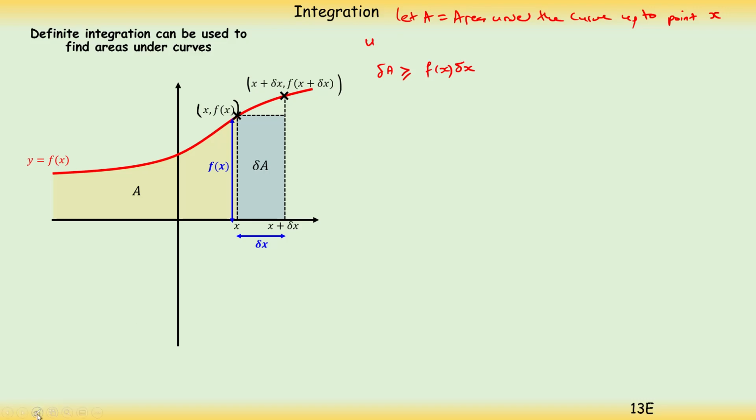Tell you what, let me just write that in blue. Now I can also overestimate delta A by going up to the point here and drawing a rectangle. So that's going to be larger than my curve there. The area is going to be larger than at that point. So this is my overestimate.